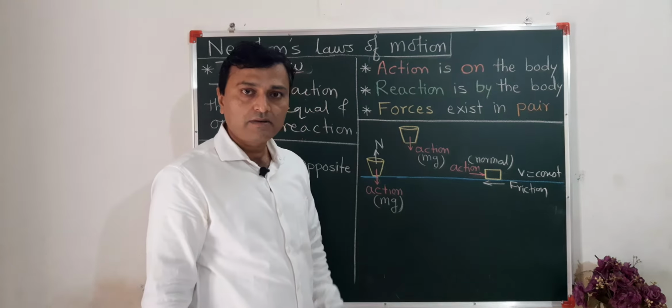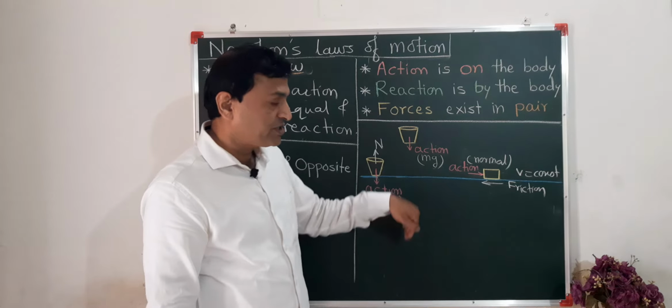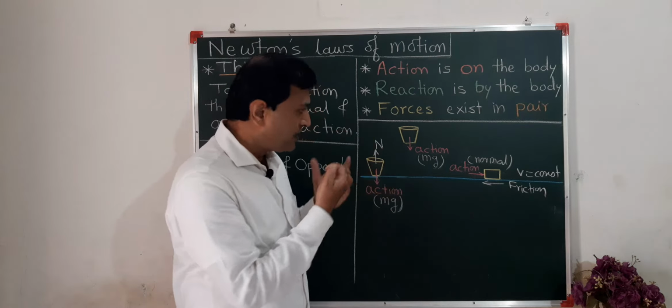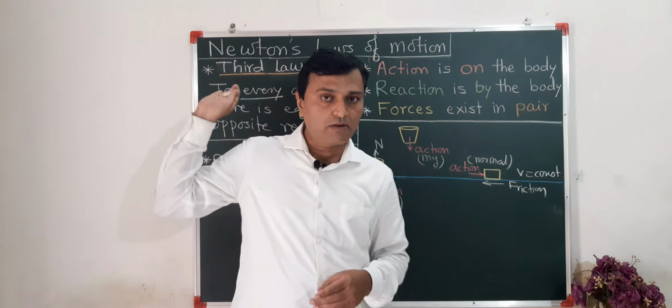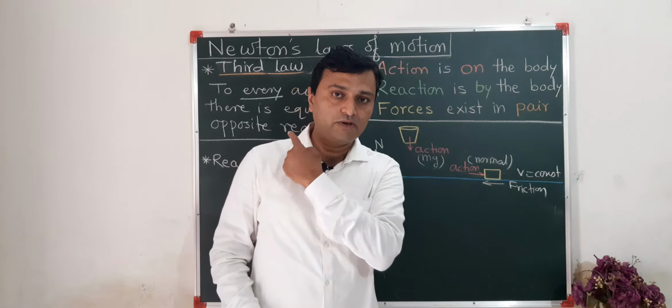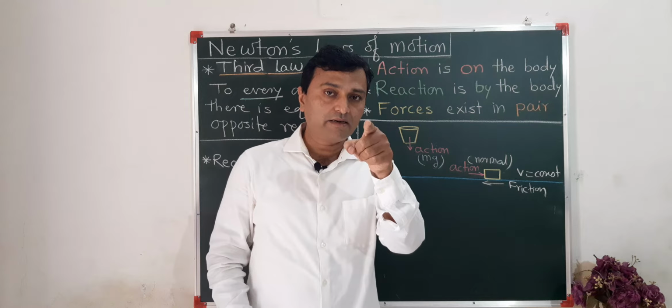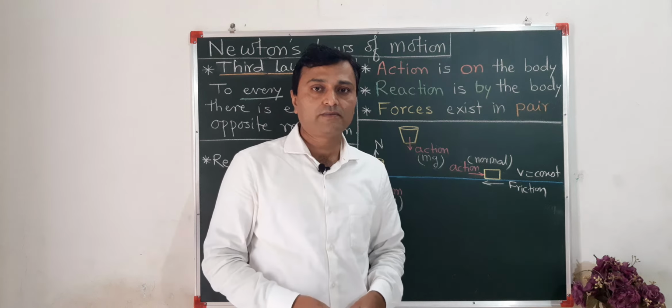What about this one? In this case, there is an action force and you can't observe where the reaction force is. There is no reaction force. If there is no reaction force, then there will be a problem for this law, because Newton said there must be a reaction force to every action force.